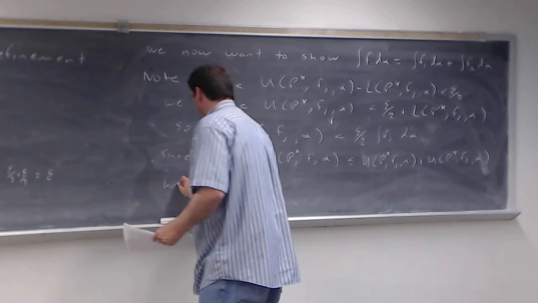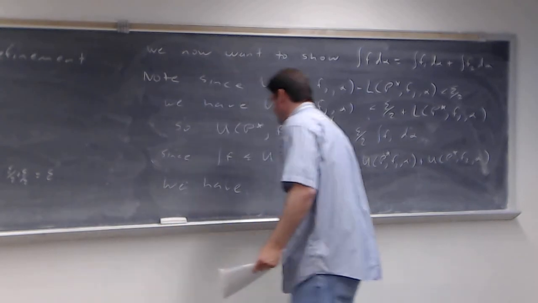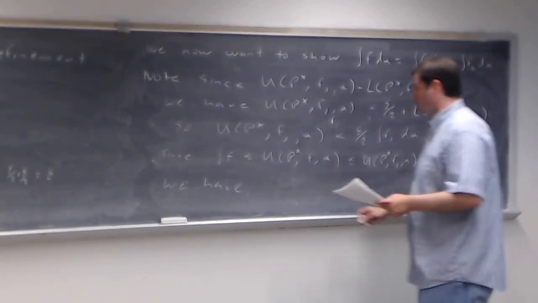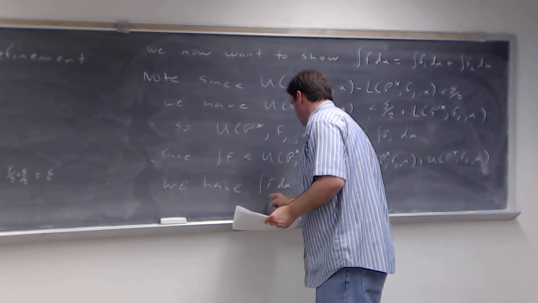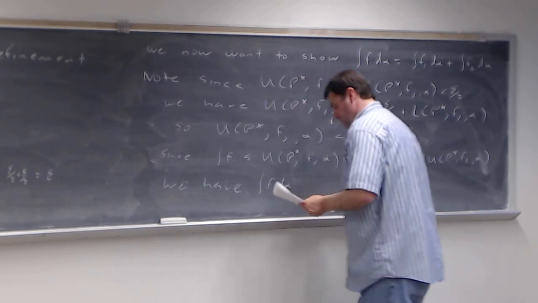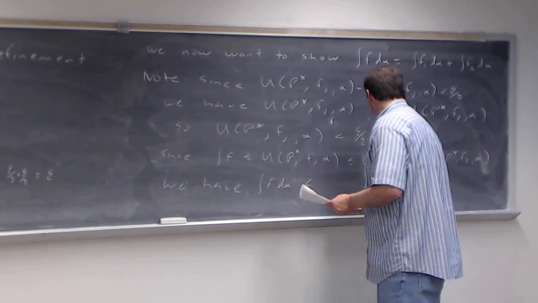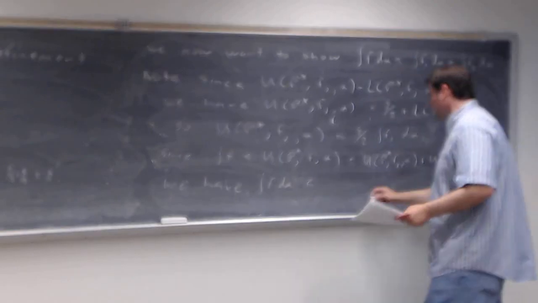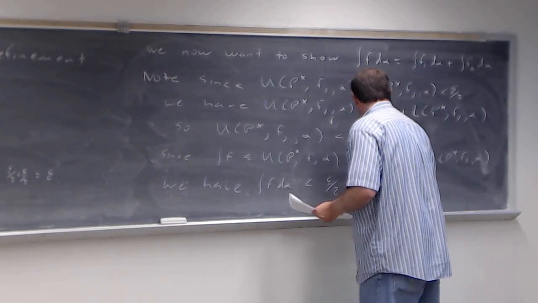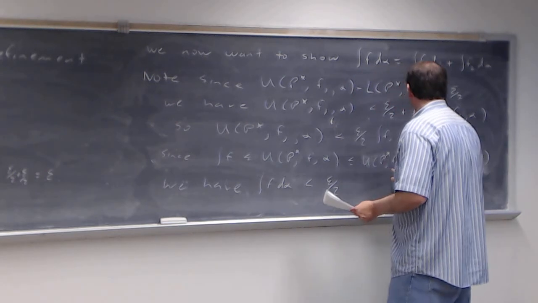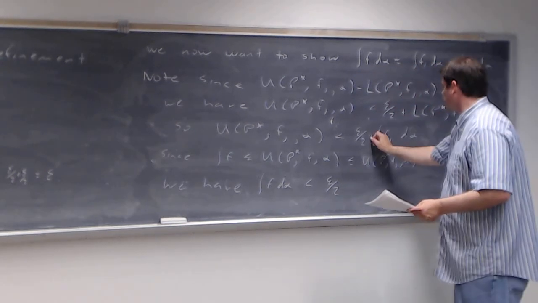We have that this Riemann-Stieltjes integral of f is going to be less than, okay, this guy was epsilon over 2. Here there should have been a plus.